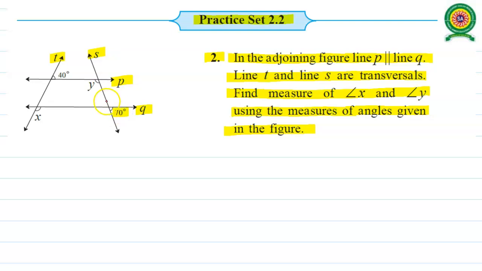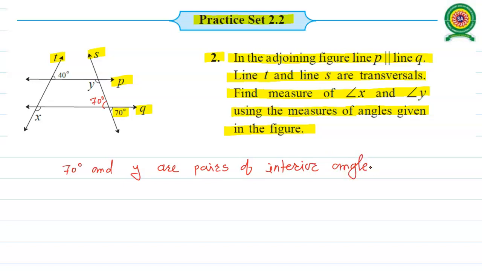What about its vertically opposite angle? It should be 70 degrees. Now that 70 degrees and y are pairs of interior angles formed in between the parallel lines and towards one direction of the transversal.